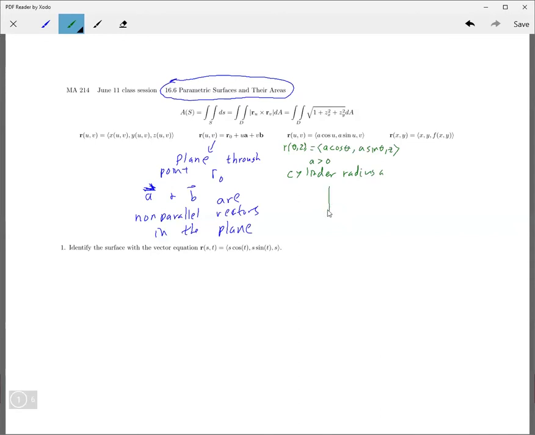And so just to give you an idea what it looks like, it's going to look like this. So the center of the cylinder is the z-axis, and it goes infinitely in both directions.